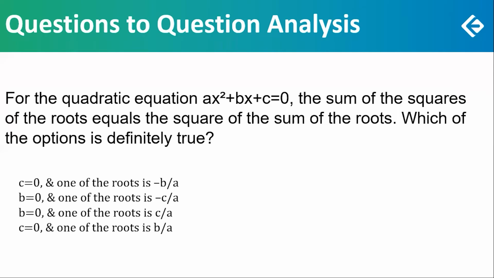So even if somebody had made a mistake, they would probably get the right answer. Even with that mistake between summation of the squares and square of the sum, you would have got the right answer. So this was all about summation of squares, summation of roots and product of roots. Should be doable by almost everybody.